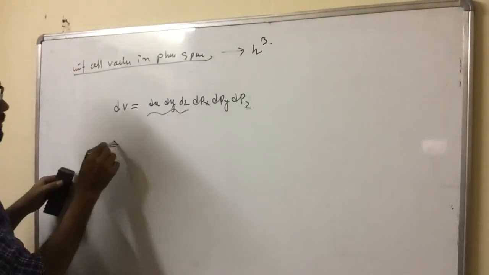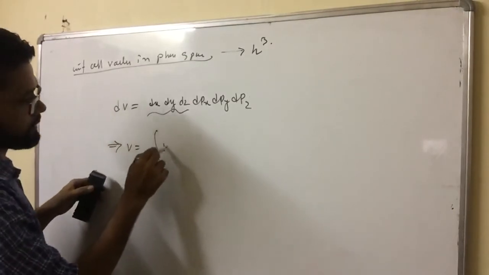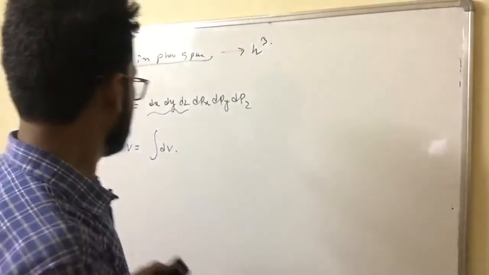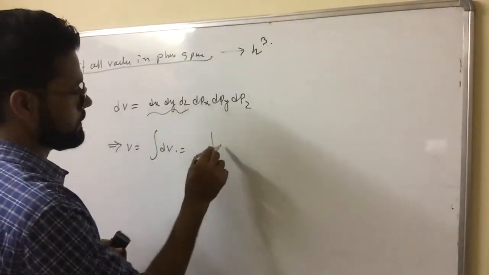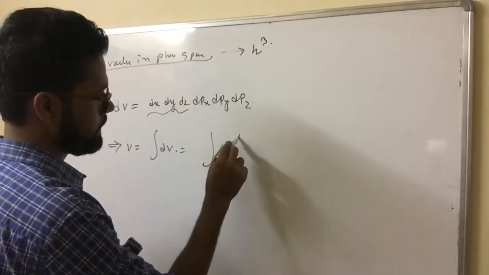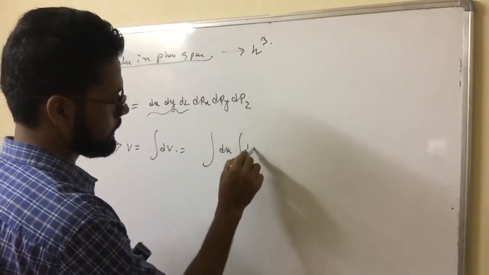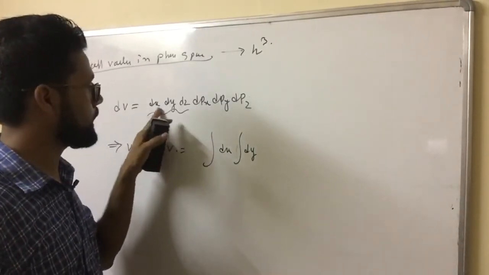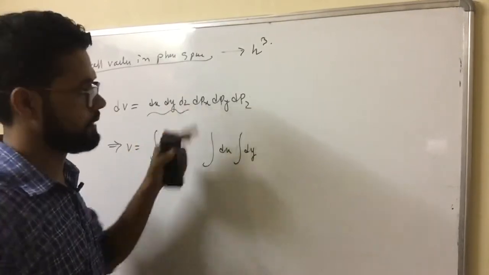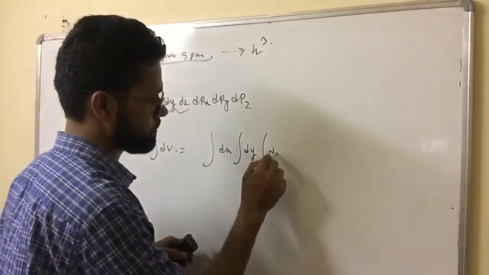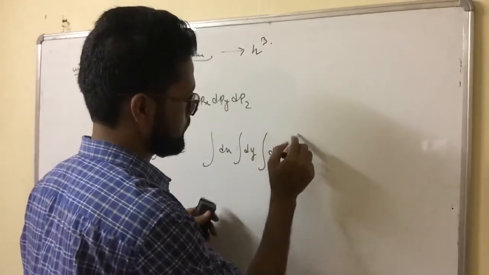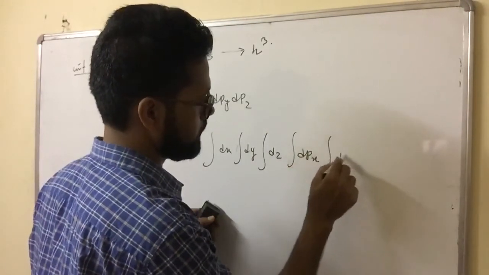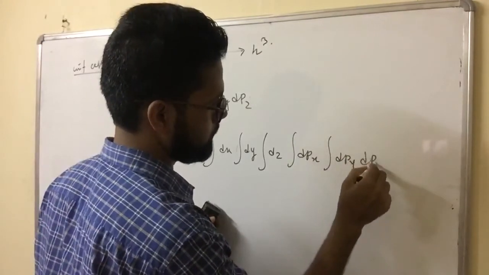Now what is the total volume? V is equal to the integration of dv. You know this integration formula. Because this is a volume integration, it will be with respect to x, with respect to y, with respect to z, dx dy dz, or this dpx, dpy, dpz.